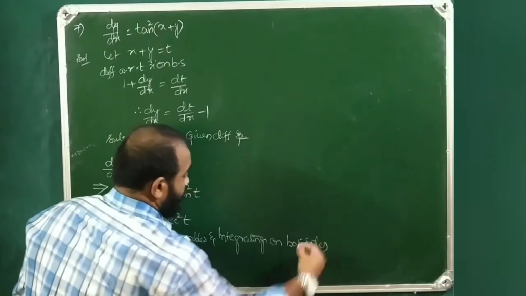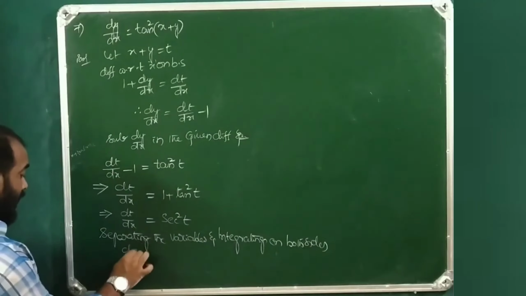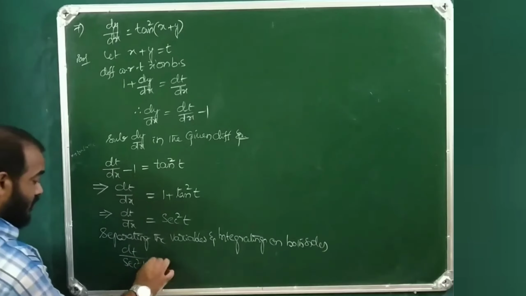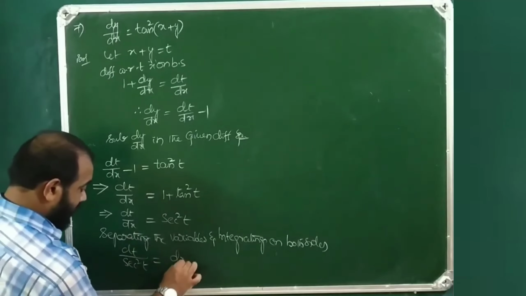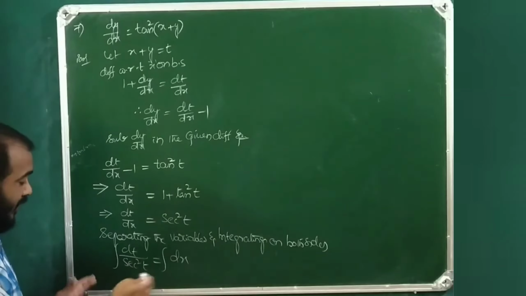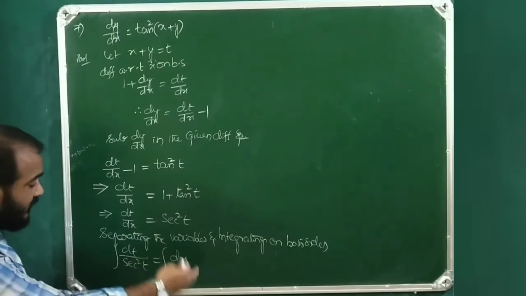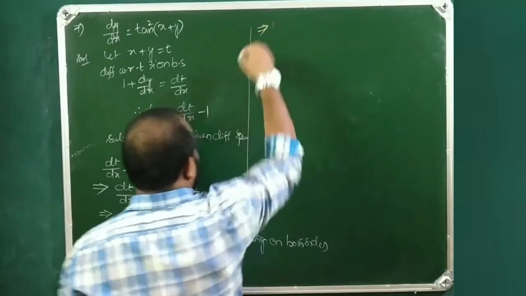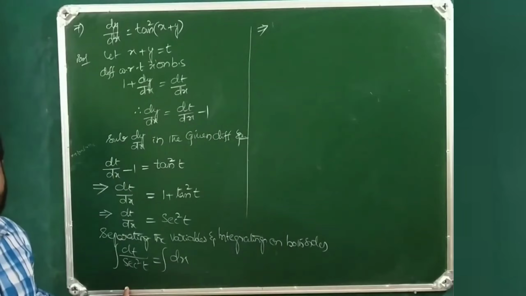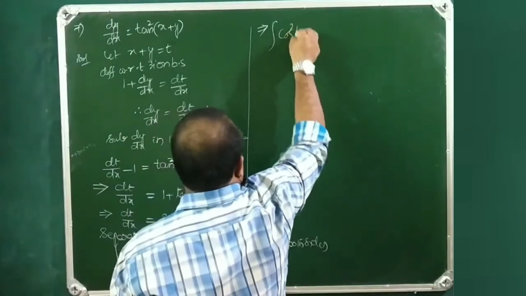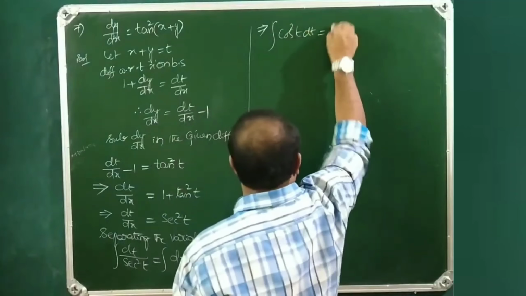This is equals to dt by secant square t is equals to dx, integrating on both sides. Now the variables have been separated, t on one side and x on the other side. So this is equals to 1 by secant square t is cos square t. So cos square t dt is equals to 1 dx.